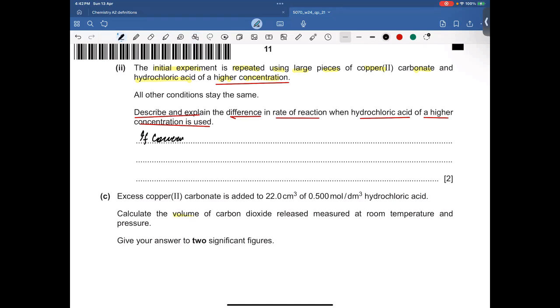If the concentration of HCl increases, more reacting molecules increase. If reacting molecules increase, then HCl molecules are crowded.